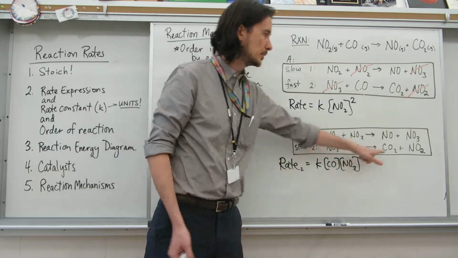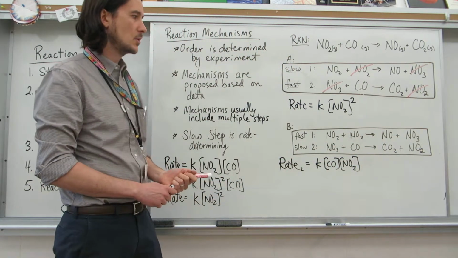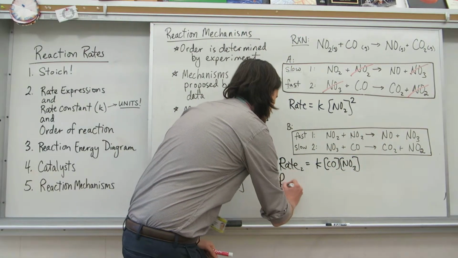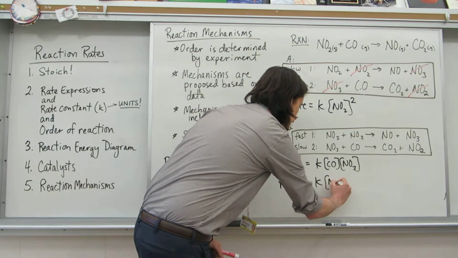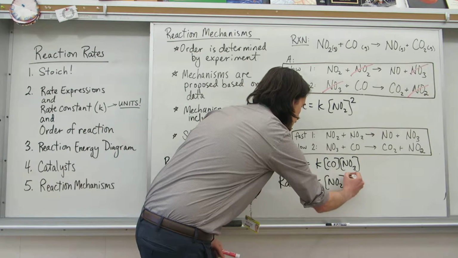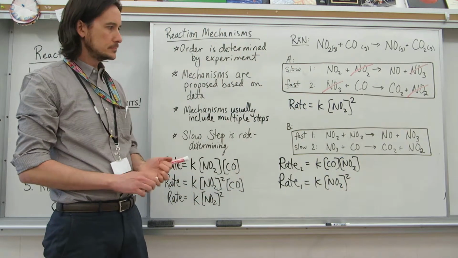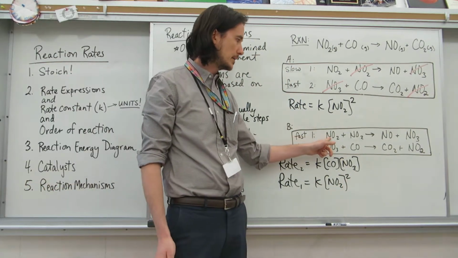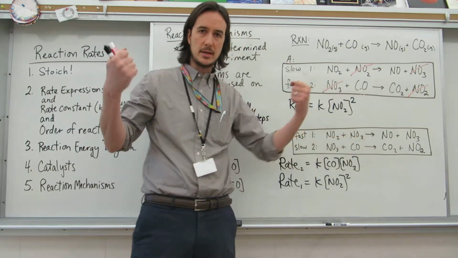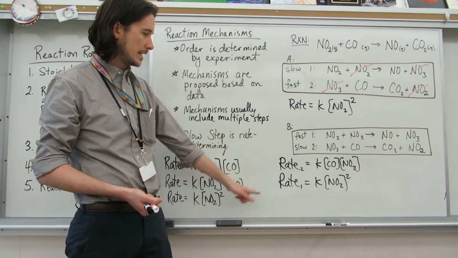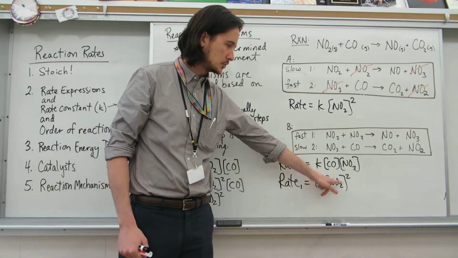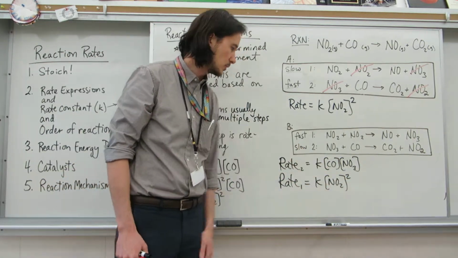Right? The production of NO3 is going to depend on that first reaction. Right? We need a collision between NO2, a collision between NO2. They collide and they produce the NO3. So that has NO2 as second order, just like it did before.